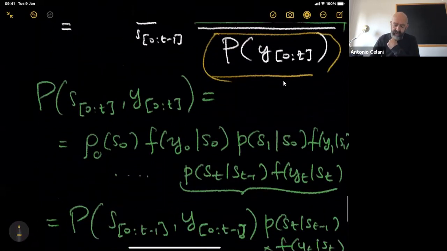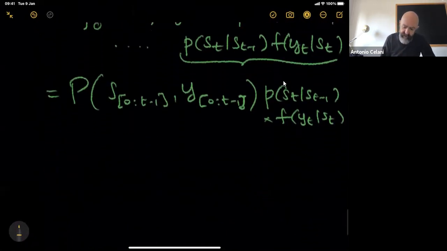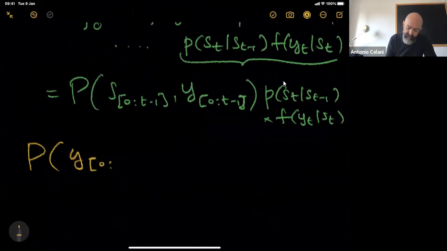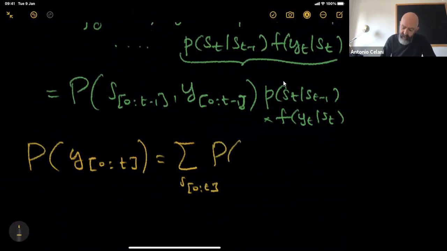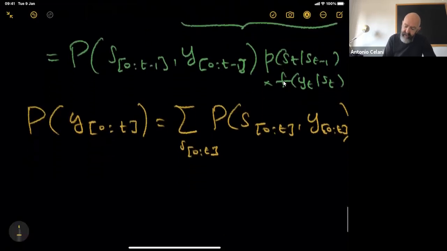Okay, so I'm going to do the same trick here. So the probability of the sequence of observations up to time t is just the marginal over all sequence of states of the joint probability. Okay, again, nothing to be seen here, just marginalization.